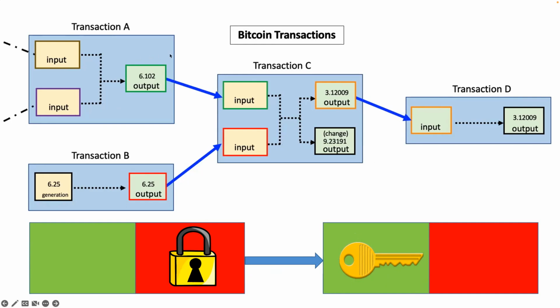If you look at the context of more than one transaction, for example here you have transactions A, B, C, and D. Transaction C can spend two outputs, one from transaction A, the other from B. So you have the inputs, and then you can have multiple outputs, and once you have created new outputs, they can be spent again by transaction D. All the outputs are controlled by what we will later call the contract or smart contract.